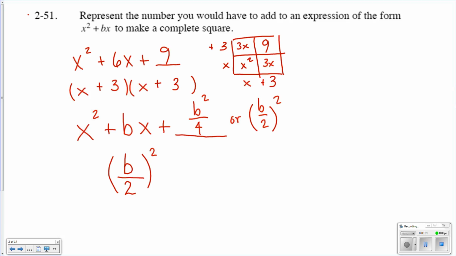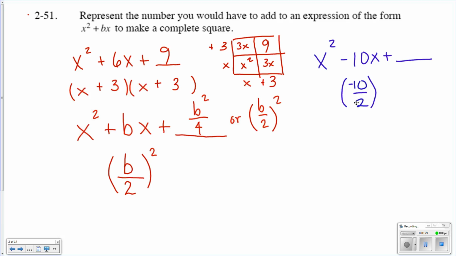If you want to see a practice one, let's say we had x squared minus 10x plus blank, and we were trying to fill it in. If we broke the middle term in half, we'd have negative 10 divided by 2, which gives us negative 5x's up here and over here.